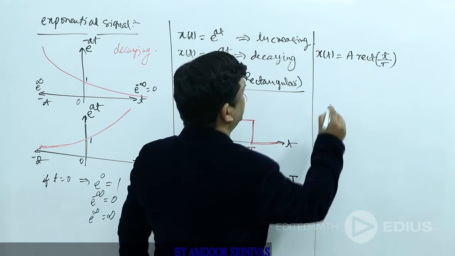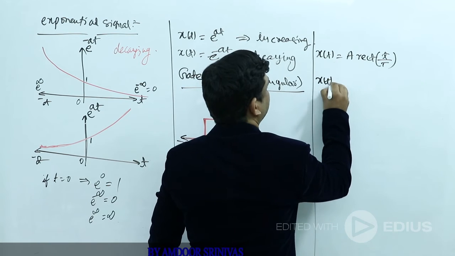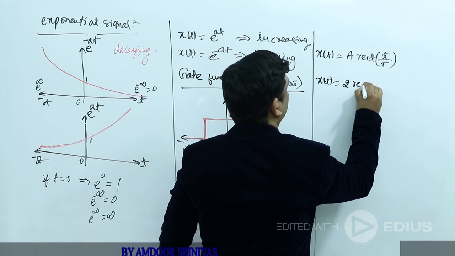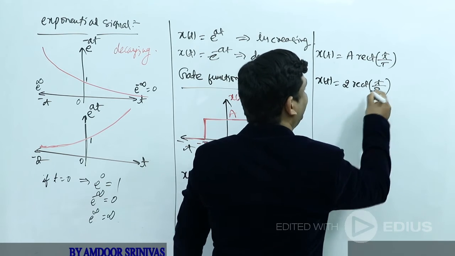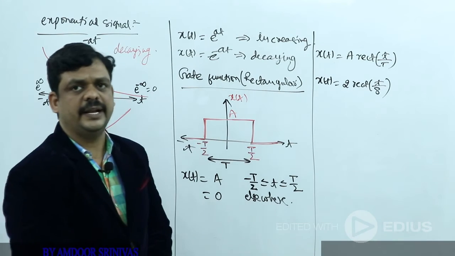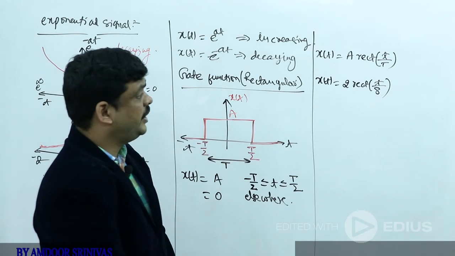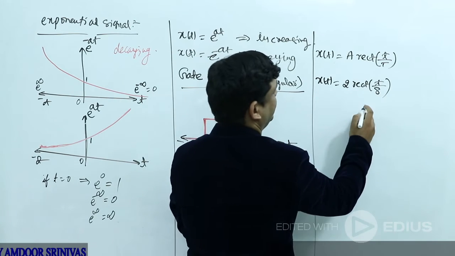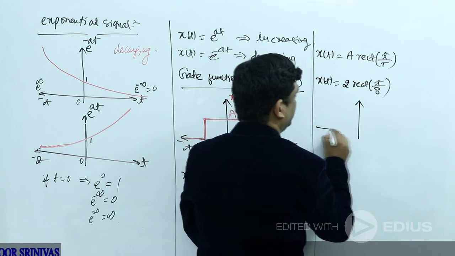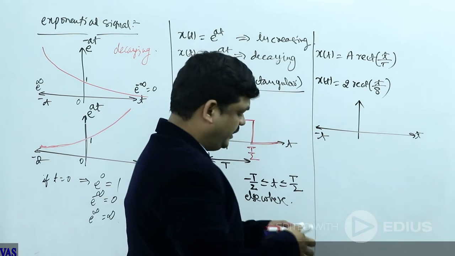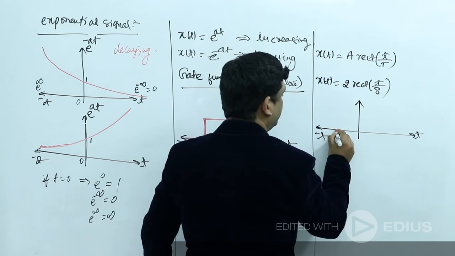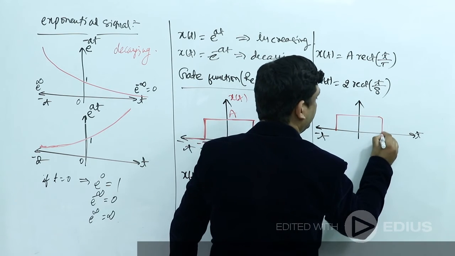Suppose one function is defined like this: x of t is 2 into rect of t by 8. Draw the graphical representation of the signal. How to draw it? Rect is there, so it is a rectangular function. Draw a rectangular function.